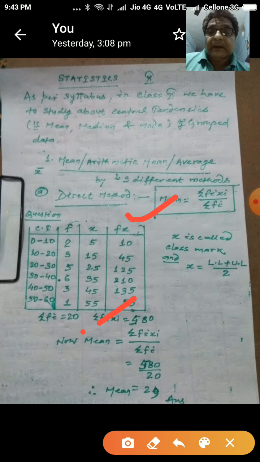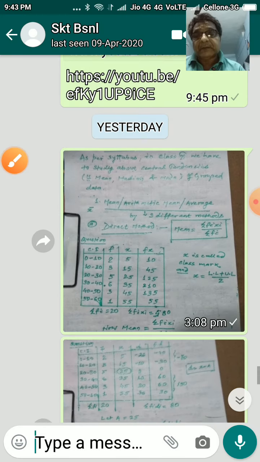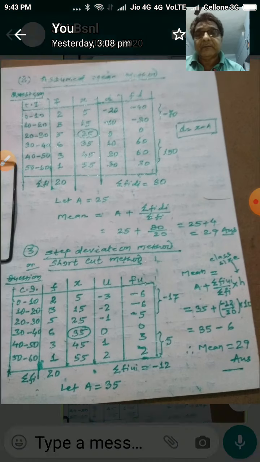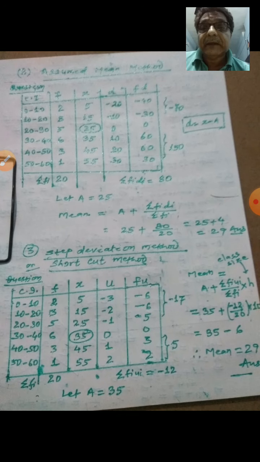Here we add the frequency column, which is called sigma fi, and then we put it in the formula: mean equals sigma fi xi divided by sigma fi, and it is 580 divided by 20, so the answer is 29.